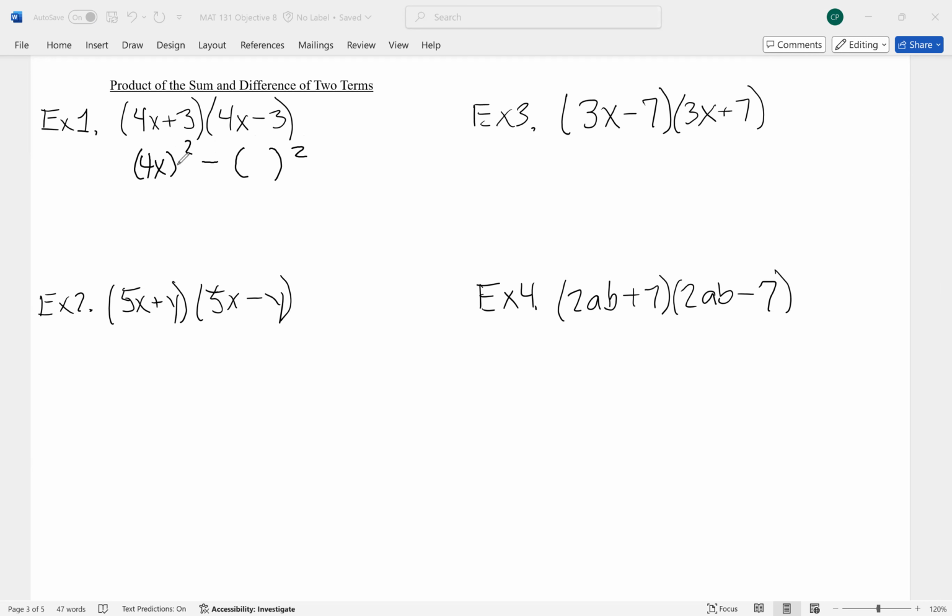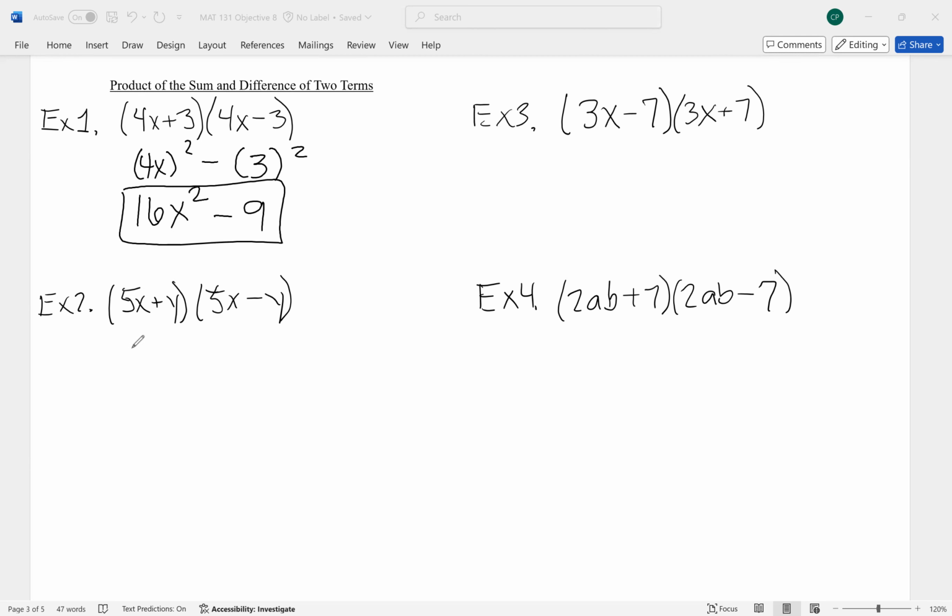So we got 4x, that's our first term, and 3 is our second term, okay? So when we work this out, we'll get 16x squared minus 9, okay? And this is, again, using the shortcut.